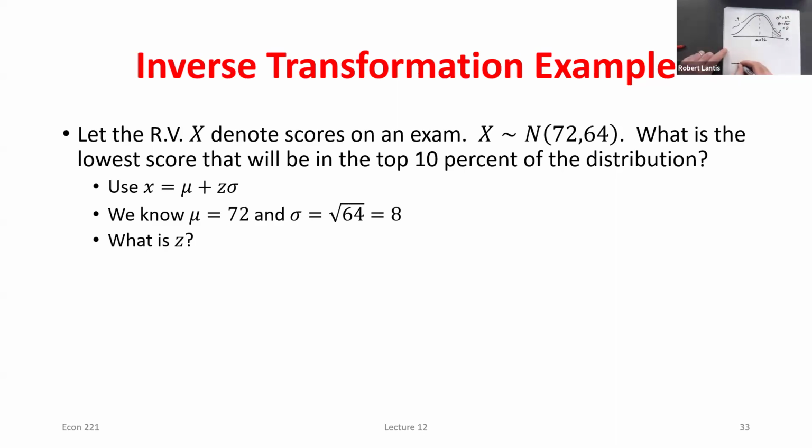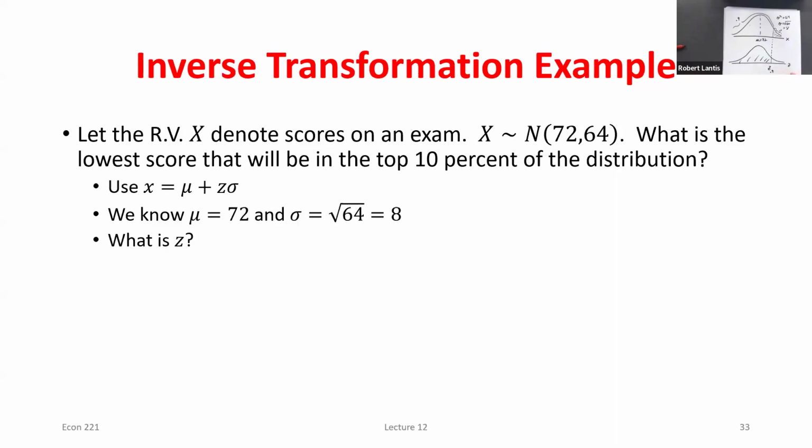So what am I going to want to do? Well, I know that if I were to convert this variable into a standard normal distribution, or a z-score, right, that whatever value this is, there is some z-score associated with having 0.9 to the left of it, right?